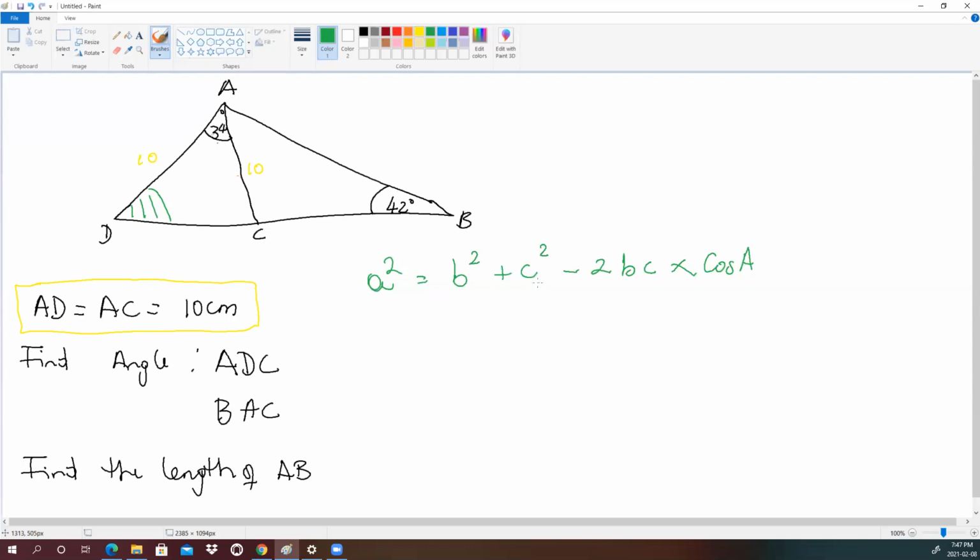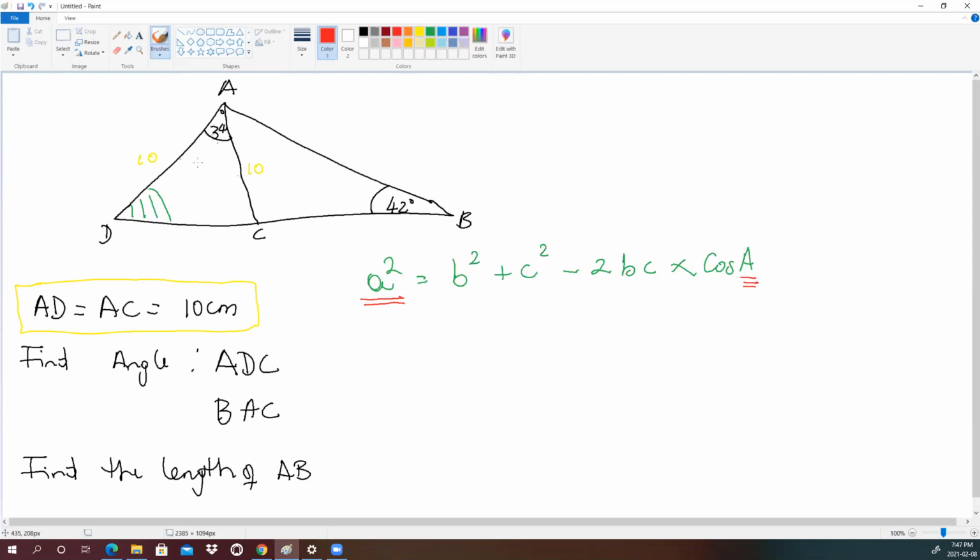You can call them anything. What you need to make sure is that the side A is clear because you need that corresponding angle A. But you can call B and C anything.